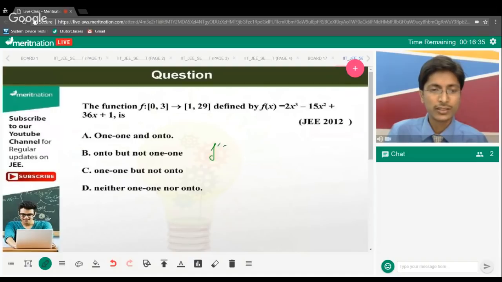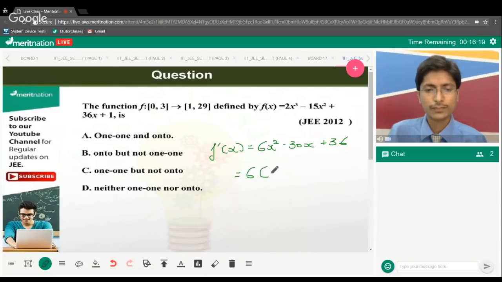So let's find f dash x. F dash x is equals to 6x squared minus 30x plus 36. So what I'm able to see, if I take 6 common, x squared minus 5x plus 6.